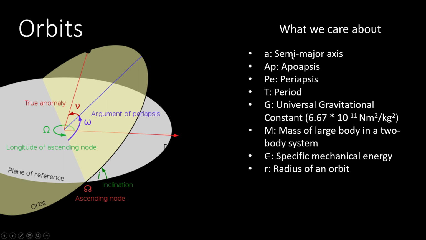These are really the semi-major axis, which we have already discussed, the apoapsis, which is the highest point in the orbit, the periapsis, which is the lowest point of an orbit, the period, so how long it takes the object to go around its orbit, the universal gravitational constant, this nice number right here, the mass of the large body in a two-body system, so the Earth would be this mass relative to a satellite, the specific mechanical energy, which we'll discuss a bit later, and r, the radius of an orbit.